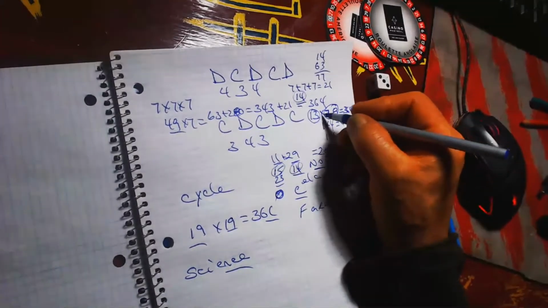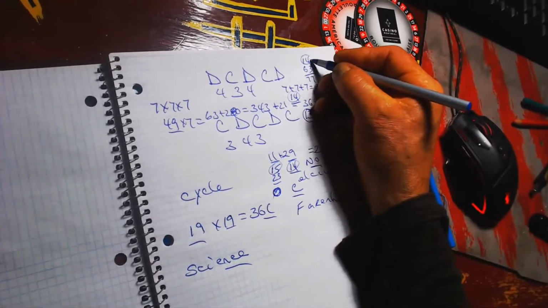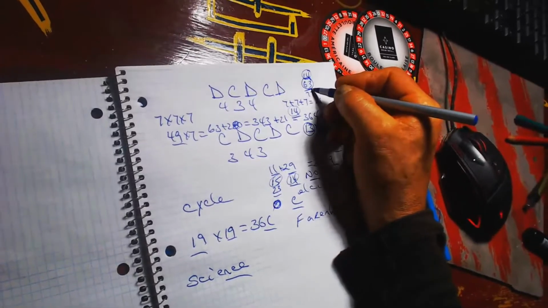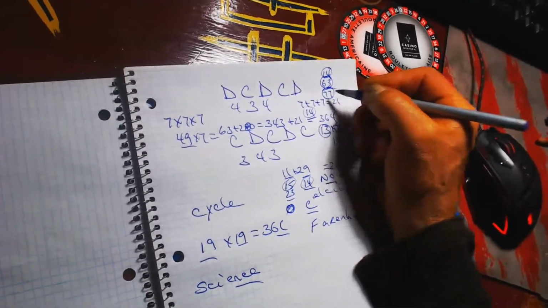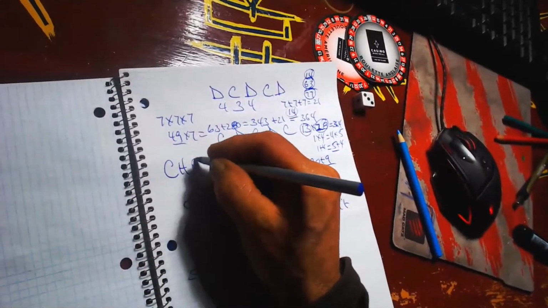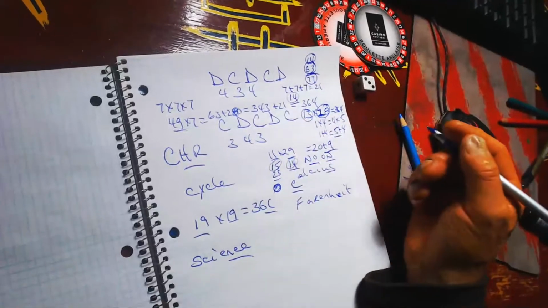This becomes a 1-4 cycle. It becomes this cycle to the reverse of this number over here, of the 77 of the Christ. CHR. Just leave it at that if you want.